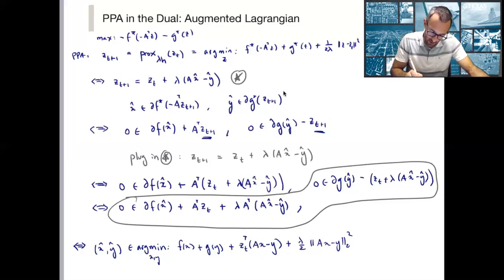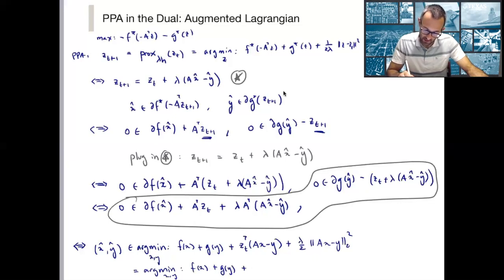So we can rewrite this as the argmin over x, y of f(x) plus g(y) plus lambda over 2 times the norm of Ax minus y plus z_t divided by lambda, squared.